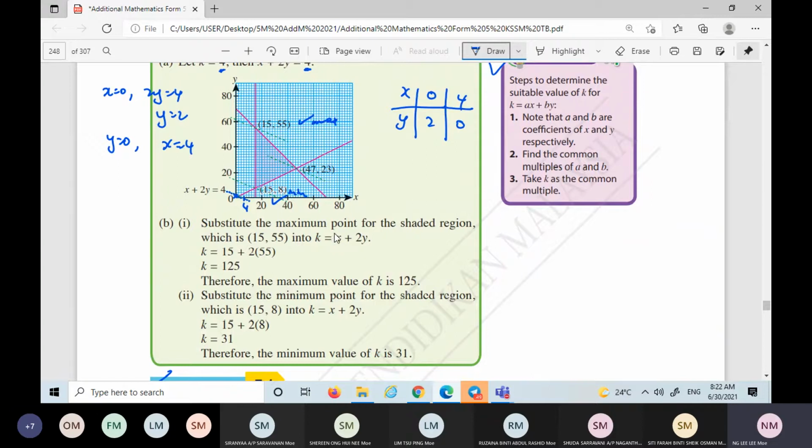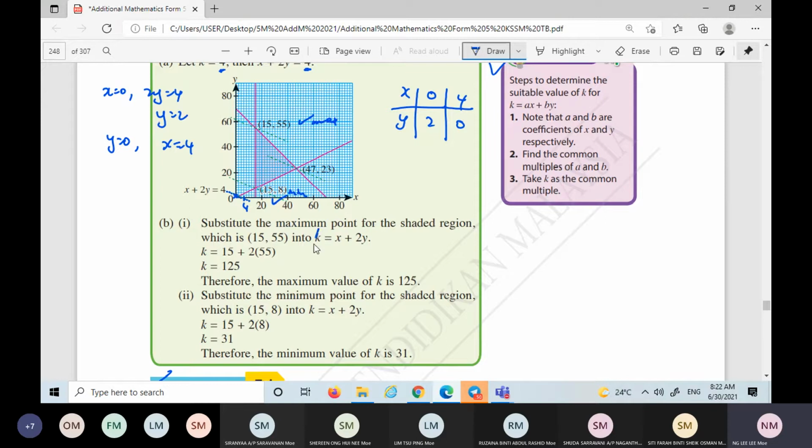So the maximum of p will happen at the last point when you push the objective function line and it leaves the region, the last point. So this is the one, (15, 55). Okay, so substitute the maximum point of the shaded region (15, 55) into this.